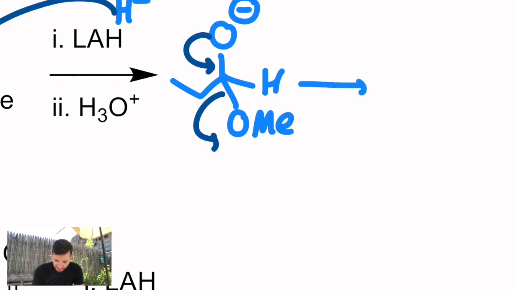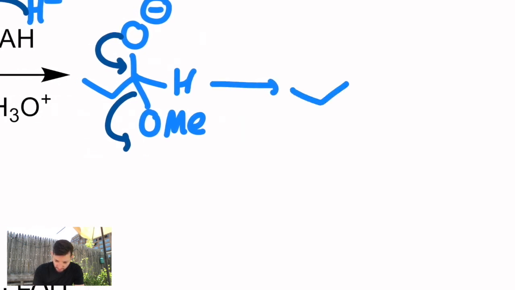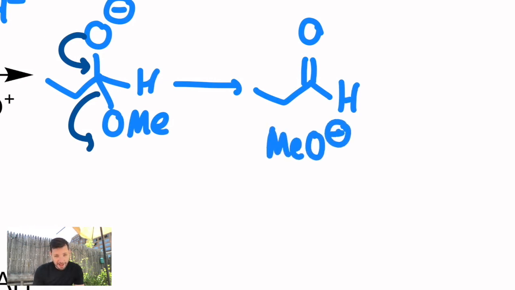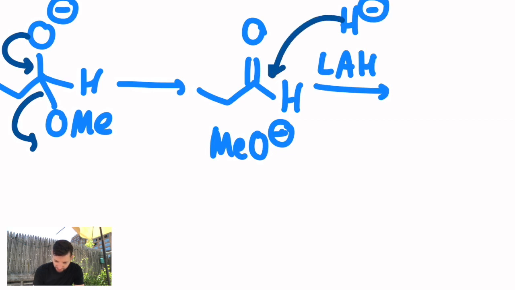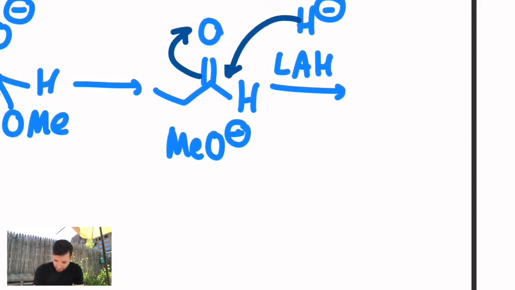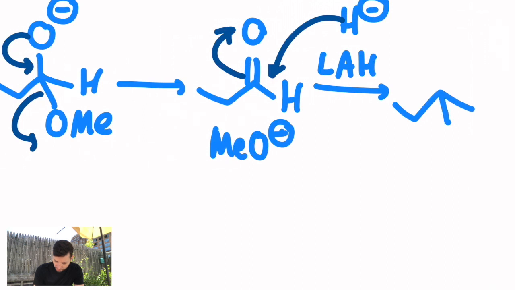So you get an intermediate that looks just like an aldehyde, where I kicked out methoxide. So LAH will react with this again. You get over-addition, which, if it acts as an H-, attacks that carbonyl that's reformed, and I get 2 new H's on what used to be my aldehyde carbon.